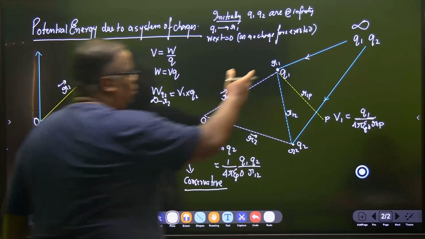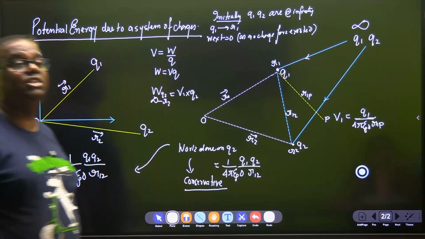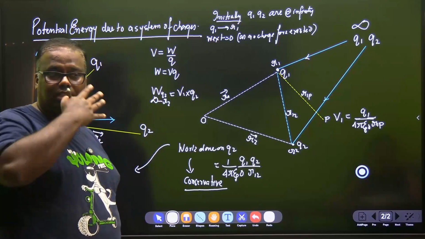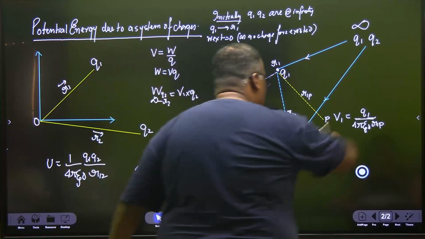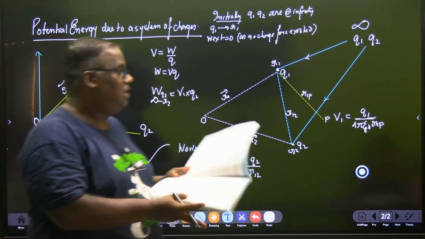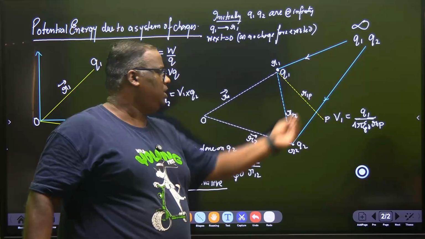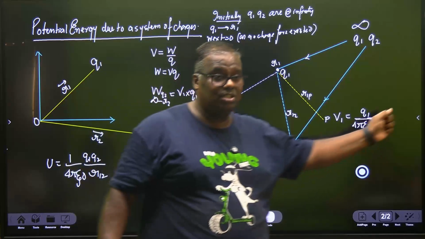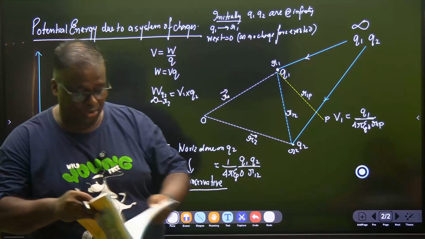Obviously, you brought one positive charge near another positive charge, so you have energized the system. And if Q1 Q2 is negative, then you have not done any work. In fact, in that case, if you withdraw one charge away, you are doing work on the system. Because imagine if Q1 was negative and Q2 was positive, then to bring it, you need not do any work. But if you move it away, then you are doing work on the system. Then this work will become positive.